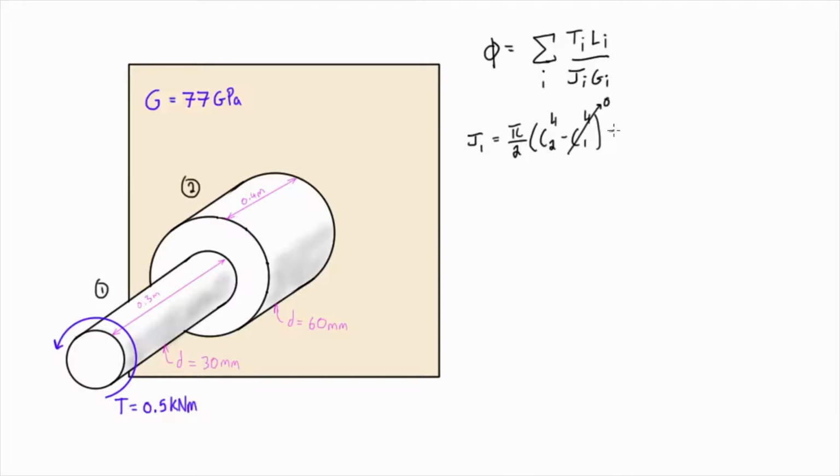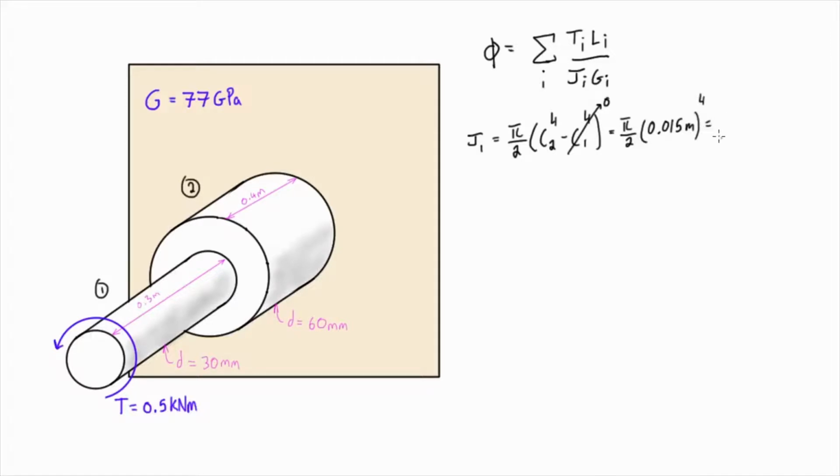So for J1 here we get pi over 2 times the radius, and the radius is 15 millimeters, but we want to write this in meters, so 0.015 meters to the power of 4.